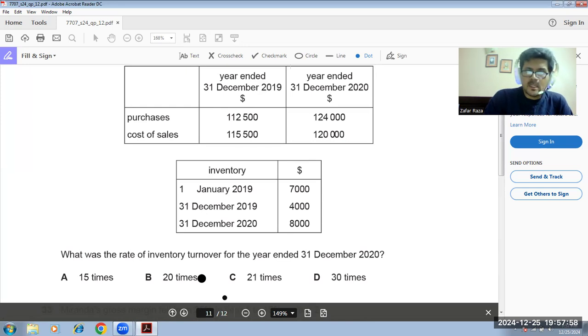Now, I think I should solve this question for you. Here, the formula for inventory turnover is equal to cost of sales divided by average inventory.